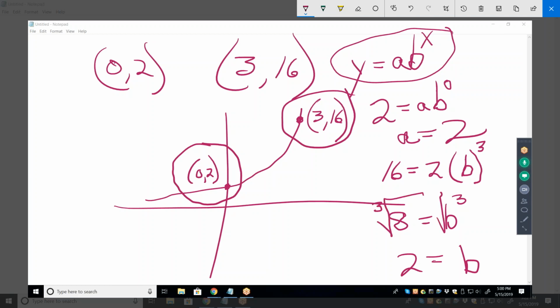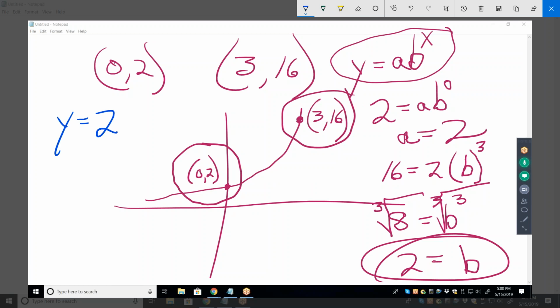And whenever you take the cube root of any number being cubed, it's equal to that number. In other words, the cube root of 17 cubed is 17. The square root of 17 squared is 17. So those always are true. So we've solved for a and b. What's my final answer? Y equals 2 times 2 to the power of x.